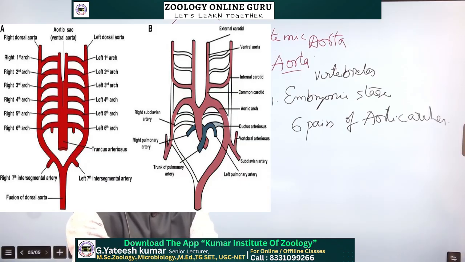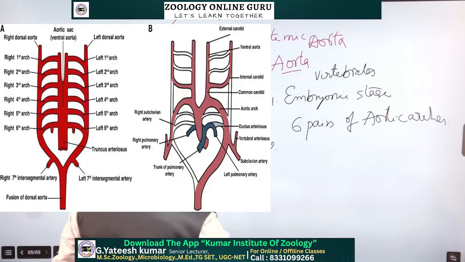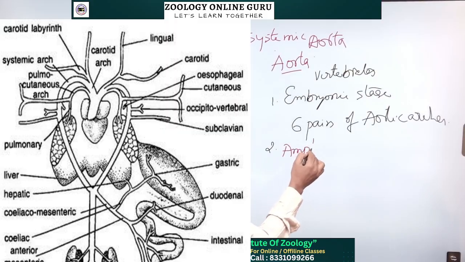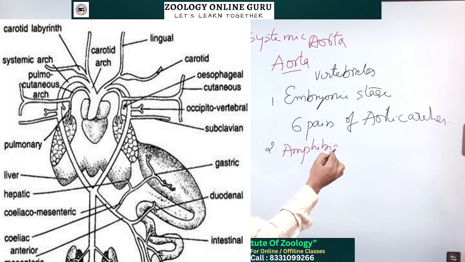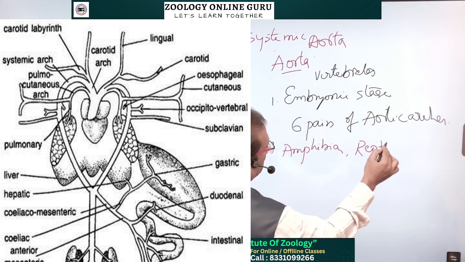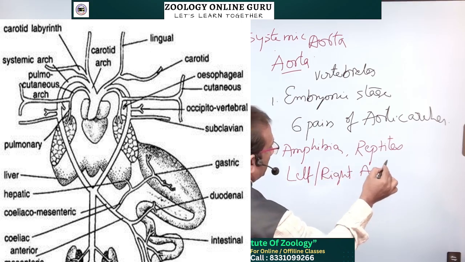6 pairs are there. Coming to amphibia and reptiles, left and right both aortic arches are present.